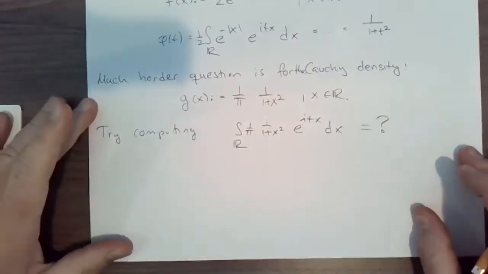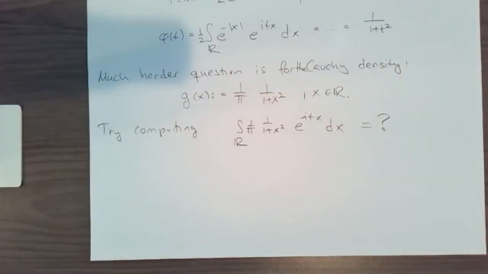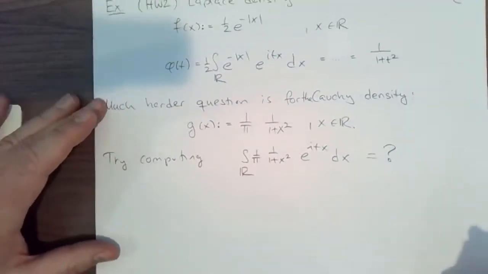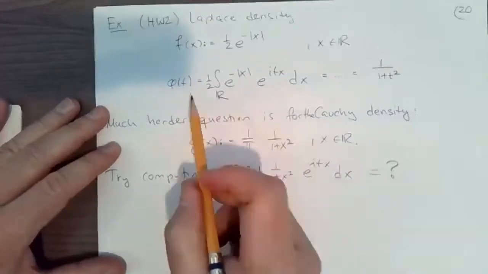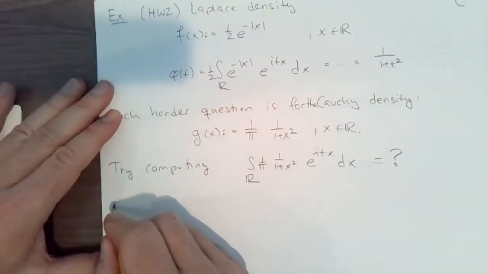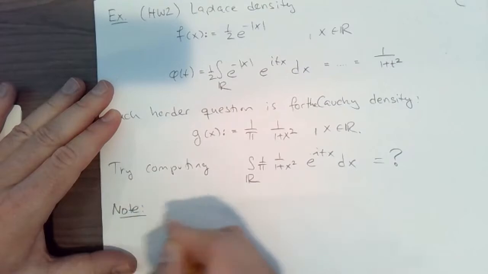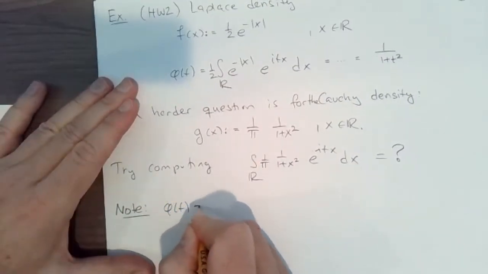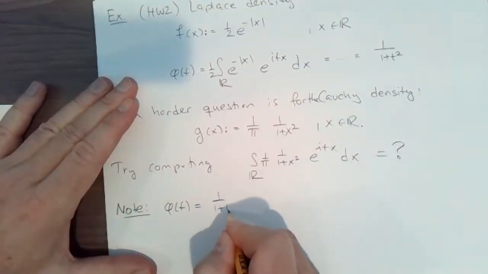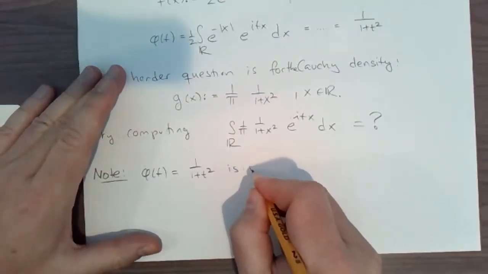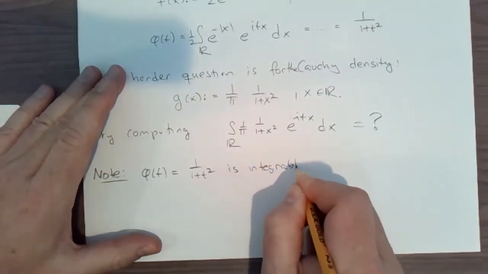So let me show you how one can get this to work. You look at this phi up here. What we want to note is that phi of t being 1 over 1 plus t squared, this guy is integrable.